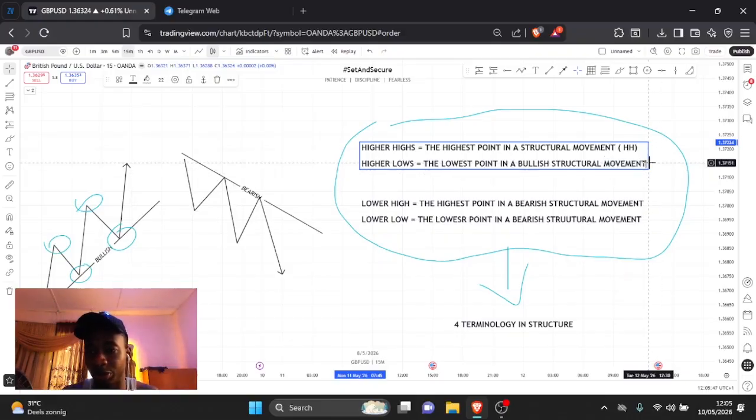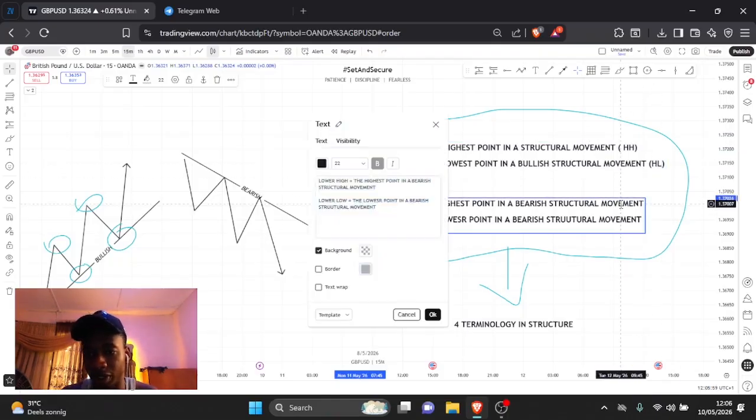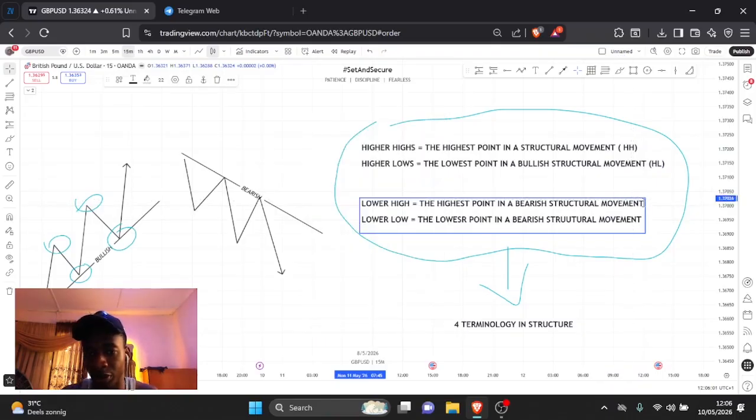The other one is H for higher and L for lows, which is HL. Then we have L for lower and H for highs, LH, and L for lower and L for lows, LL.